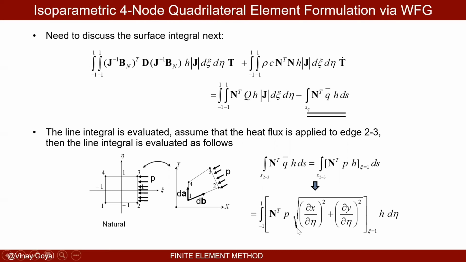And what I notice here is that the length ds, or this length right here, is really the square root of partial x partial eta squared plus partial y partial eta squared, with d eta factored out. This h is the thickness of the part, so that doesn't come into play.